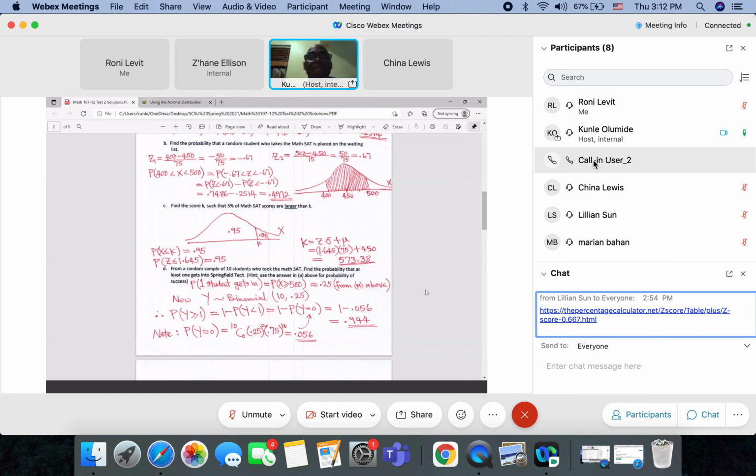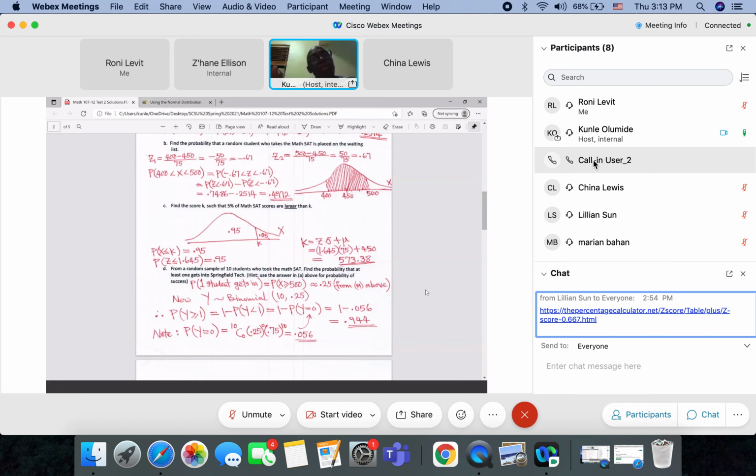If you look at my second to the last line, you will see it says probability of y greater than or equal to 1, right? So y greater than or equal to 1 means y equals 1, 2, 3, 4, all the way to 10.